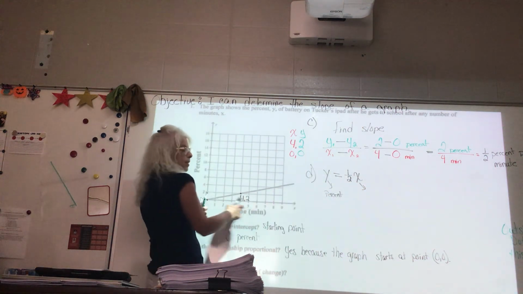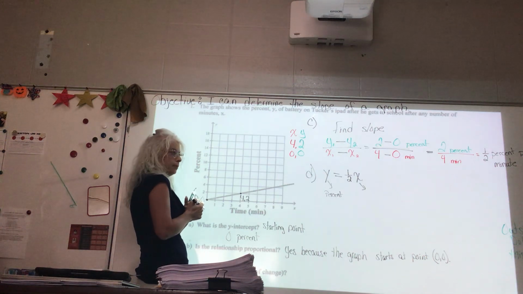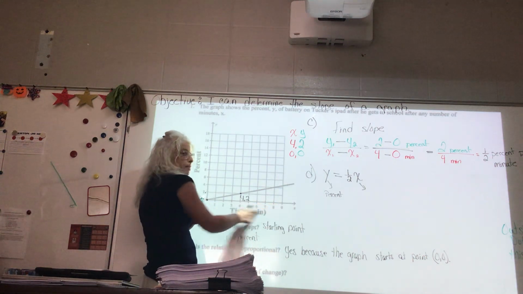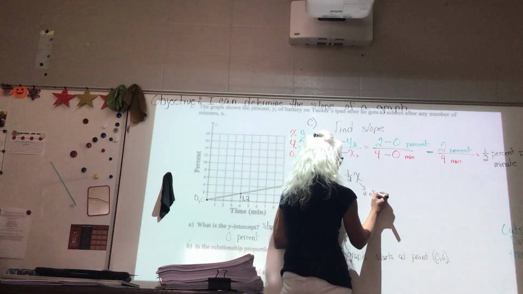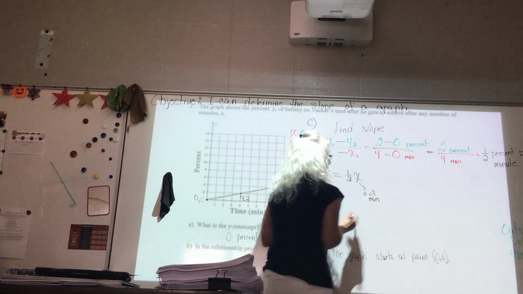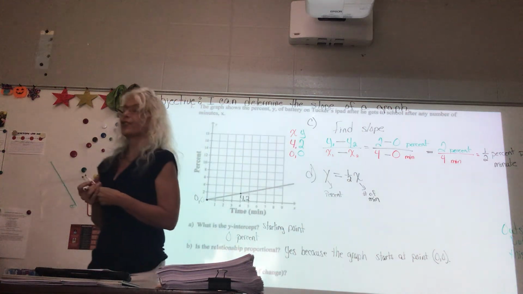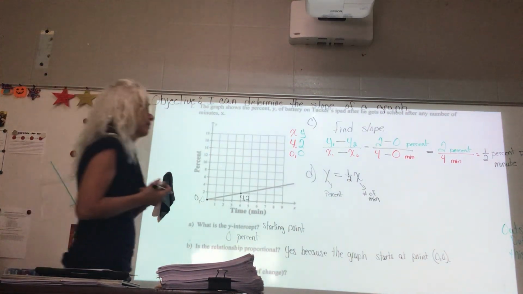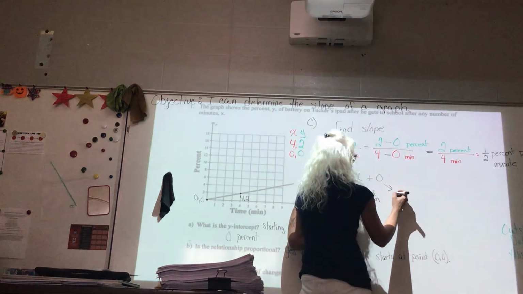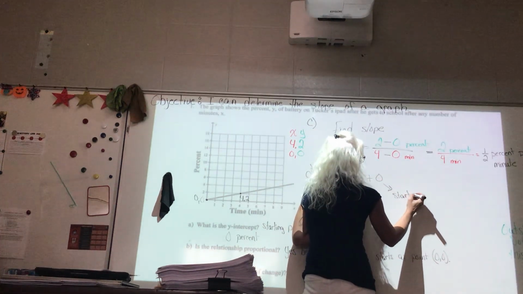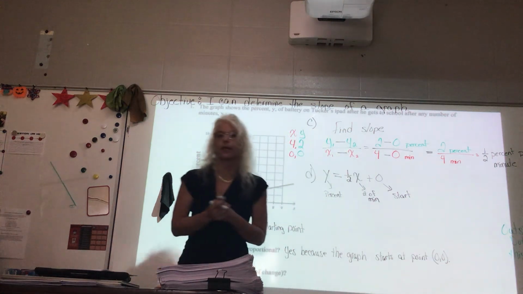X, what label's on the x-axis? Minutes. So the X stands for number of minutes. Now, where did his battery start at? 0. So, start. Okay, go ahead and stop the video.